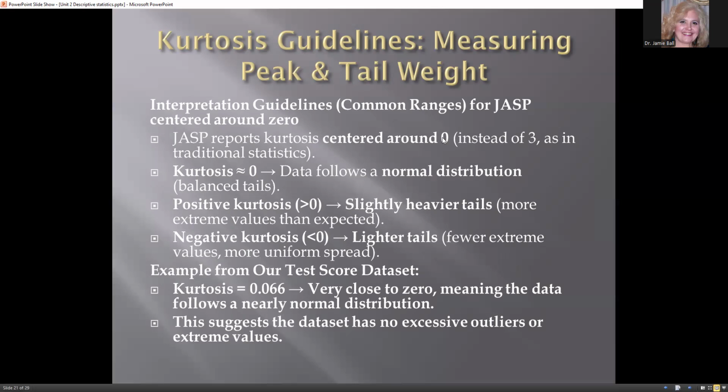Remember, instead of 3, we're starting at 0.0. All right, so we're hovering around 0, it's normal. If the number is greater than 0, the tails are a little heavier. If the numbers are less than 0, that's a negative kurtosis, right? It's a little flatter.